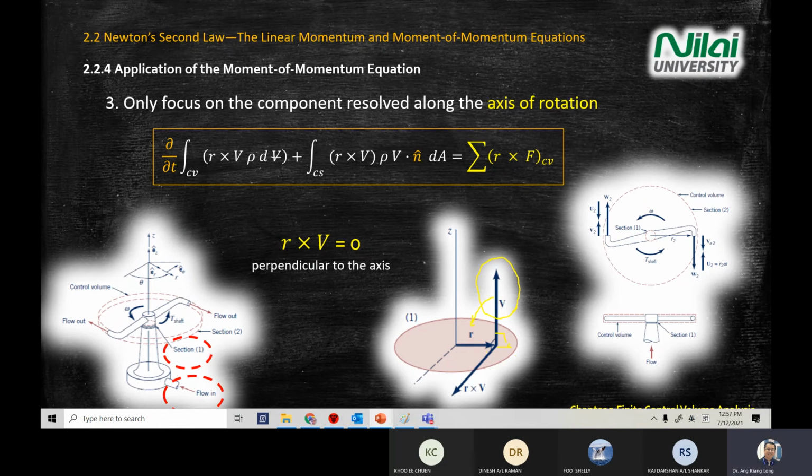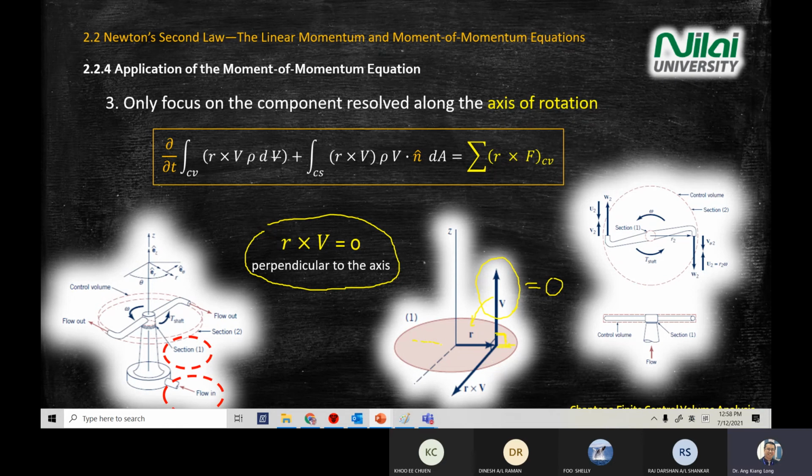R will always stick to the plane or area, the flat area. And if the velocity or force is perpendicular to the area, it will give you no reaction. There's no torque or moment happening if the V vector is perpendicular to the area.